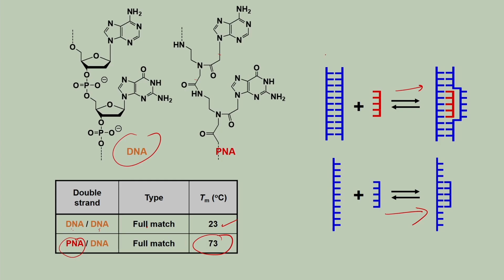This is a DNA double helix, and if you have a synthesized PNA which is complementary to part of the DNA, then this PNA has the ability to disrupt the local hybridization of the DNA and make a new DNA-PNA hybridized complex or double strand, because this has higher energy. This is called displacement of the DNA double helix.